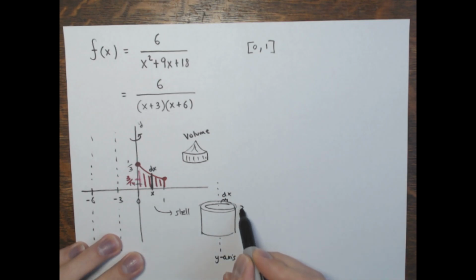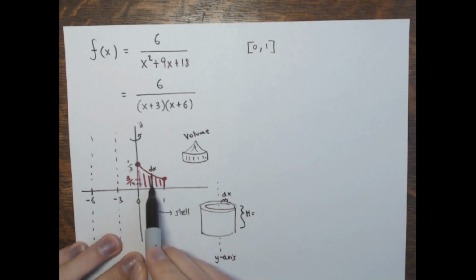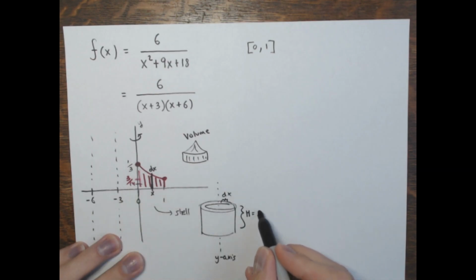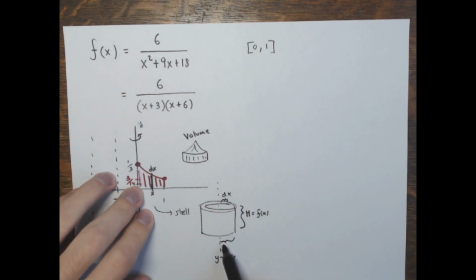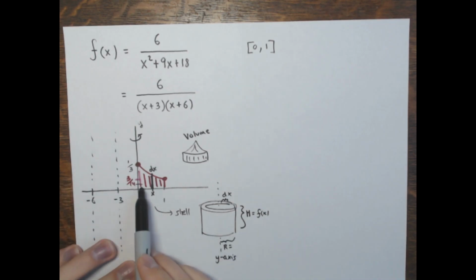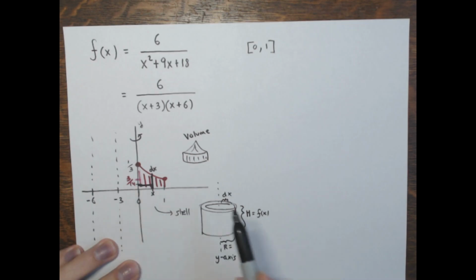The y-axis. The height would just be the y coordinate, the height of the rectangle here, which is y at the top minus y at the bottom, which is just y on top here. So I'll just say that's f of x. I'll write this up later. And then we need the radius as well. The radius is the distance from the line of rotation to the rectangle, which in terms of x is just x, the x coordinate of my slice.